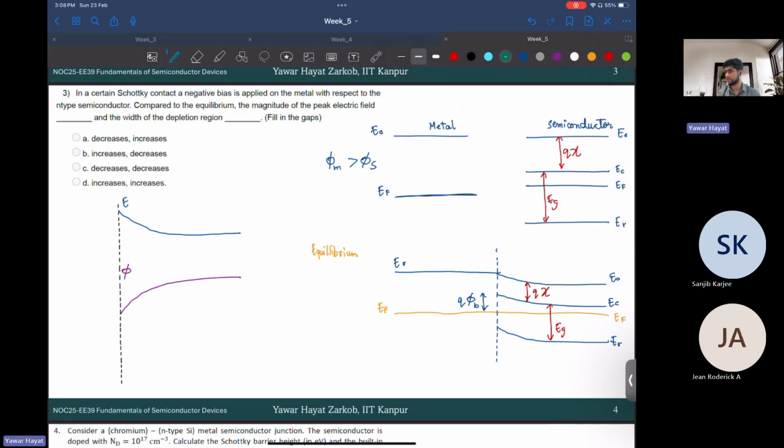What is the relation that relates the potential to the electric field? E is equal to minus d phi by dx.